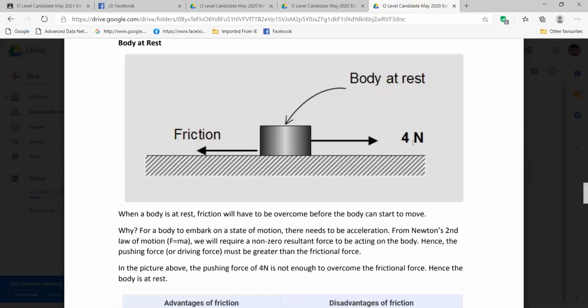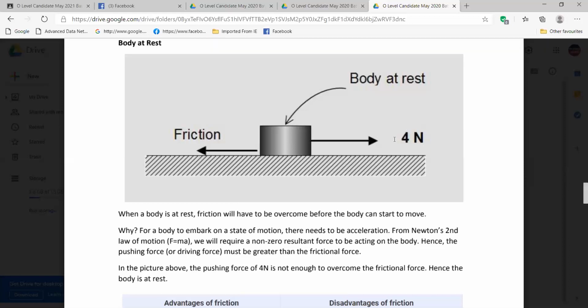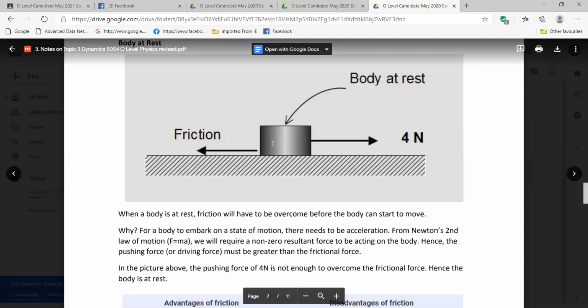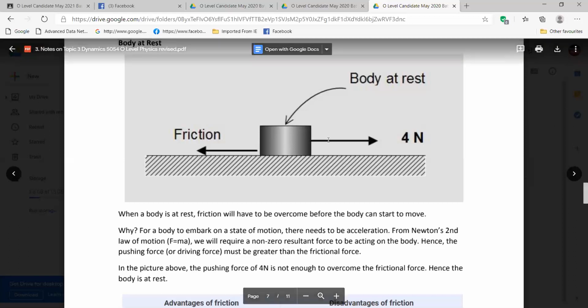Okay, now if you pull it with 5 Newton force, then it will move. Why? It has some resultant force then, because frictional force is 4 Newton. It is fixed, right? For this object on this surface, the frictional force is fixed.